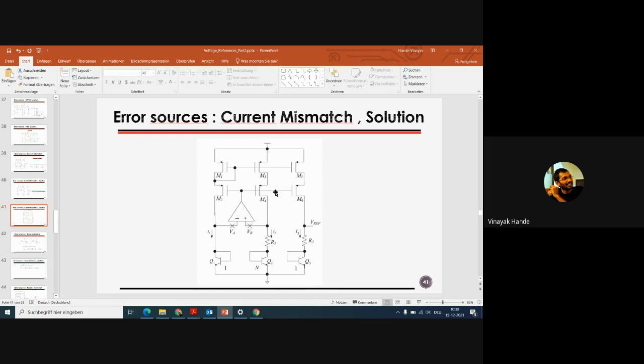It will definitely help, but not to the extent, right? Because still there is a difference between reference voltage and this voltage. But the only thing is that it has made sure that these three transistors will take care of that. But I have not simulated this circuit.